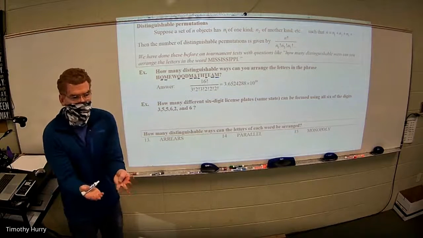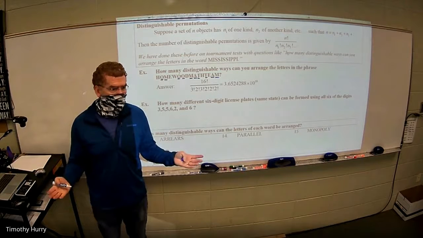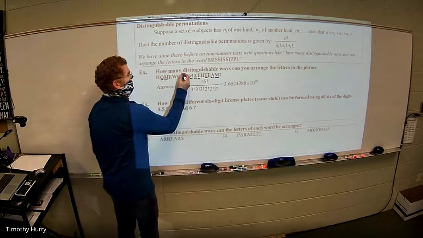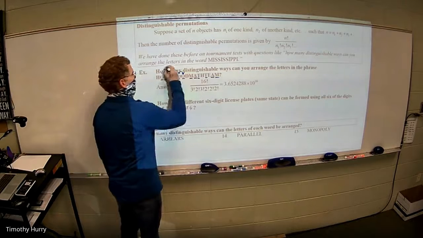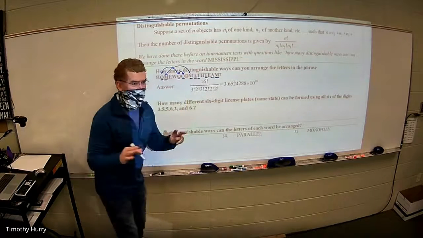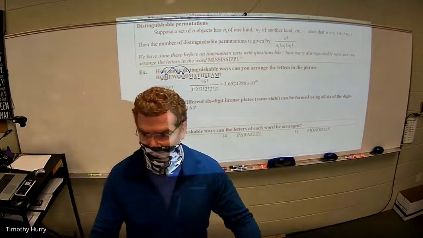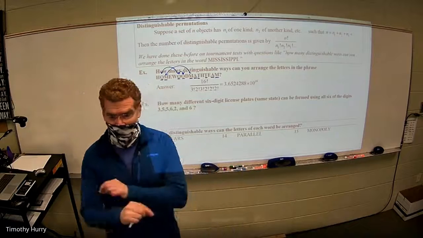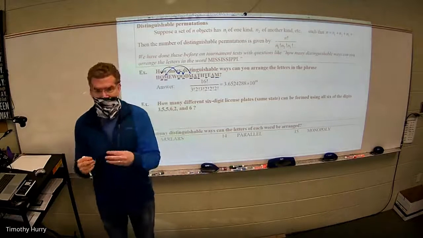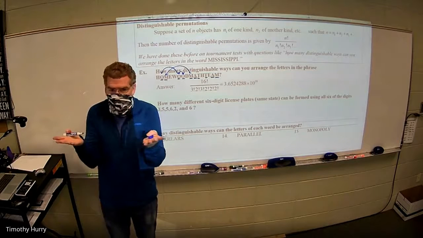And clearly, if I start rearranging letters, sometimes I don't get a new word, do I? Like if I just switch these 2 O's, or maybe this O with this O, or this M with this M, it's still going to spell the same thing. So even though it is a permutation, and a permutation says how many ways can I arrange them, it's not a unique one, because it looks the same.